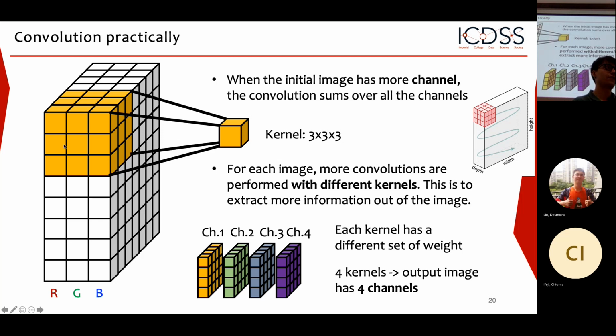We do the same for this pixel in the red layer, multiply it by some weight, and sum it here. We slide this block using this approach and scan the whole image. Now, we saw before that we had one kernel that smoothed out images.